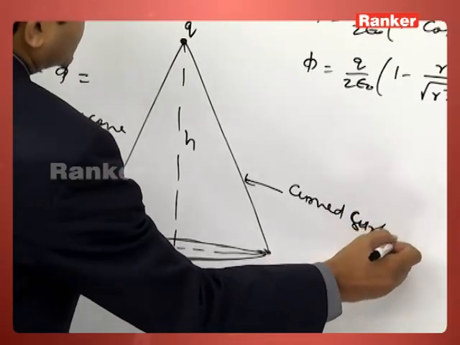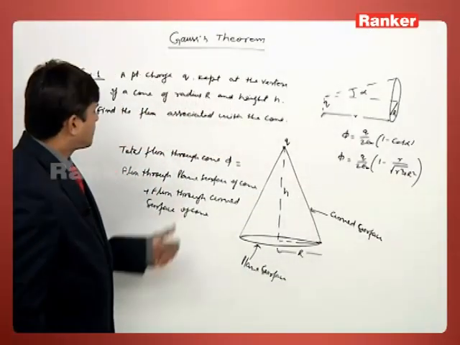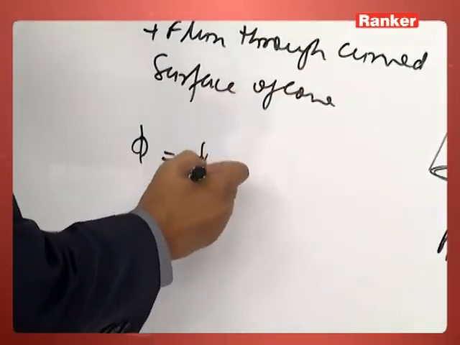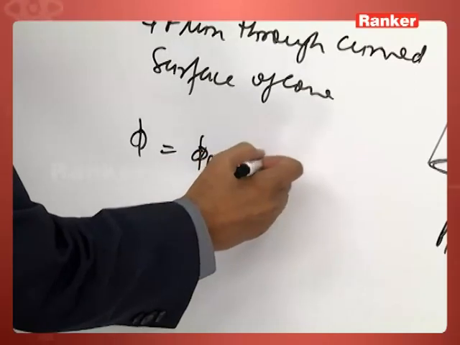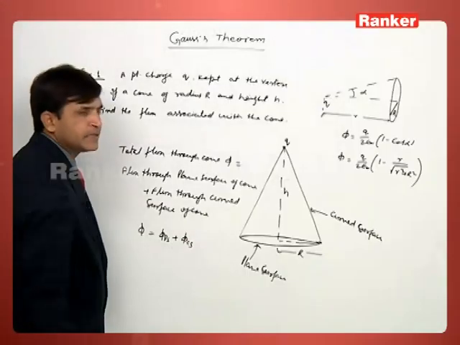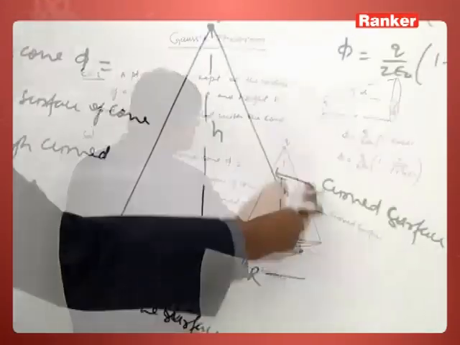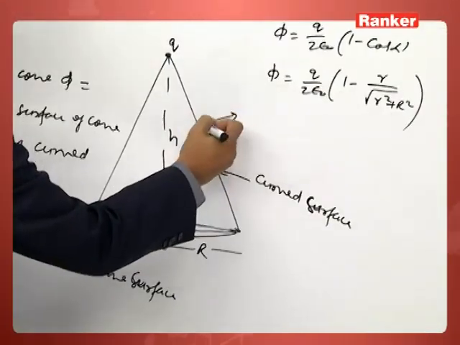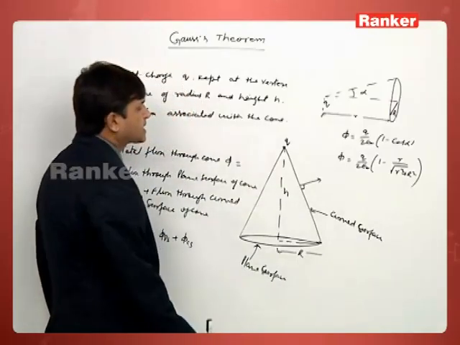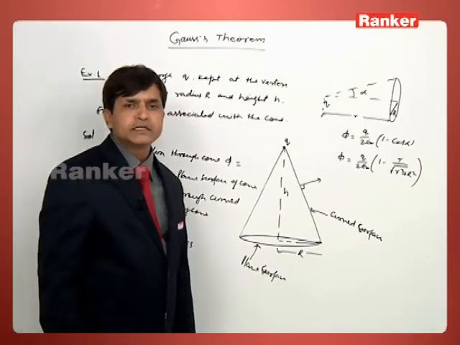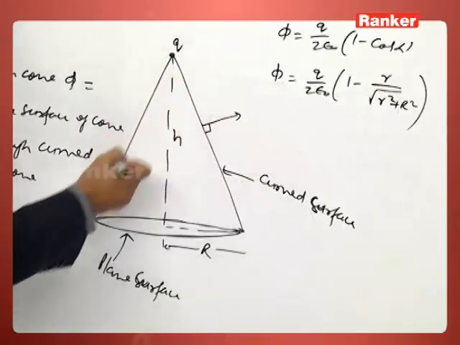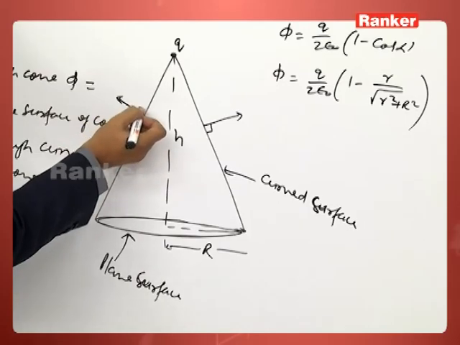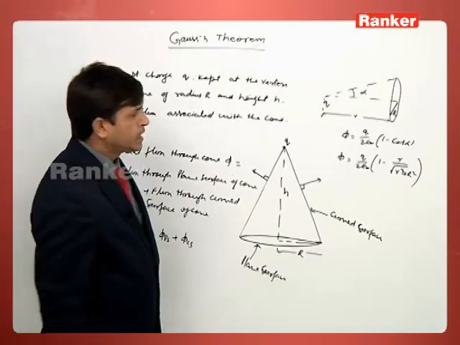Now, if we are looking at the total flux, flux phi is equal to flux due to the plane surface plus flux due to the curved surface. If we are talking about the curved surface, the area vector makes an angle of 90 degrees with the surface. Similarly, for this part the area vector is in this direction, and the angle is 90.